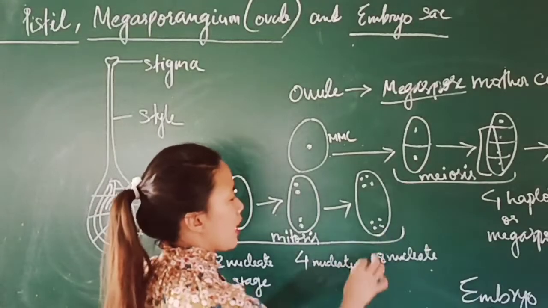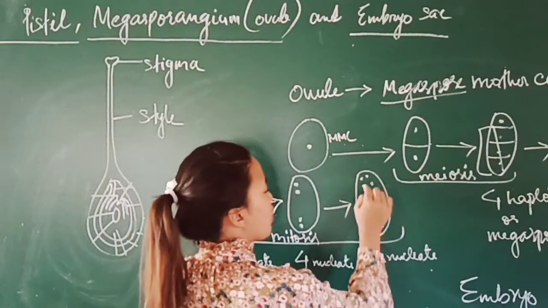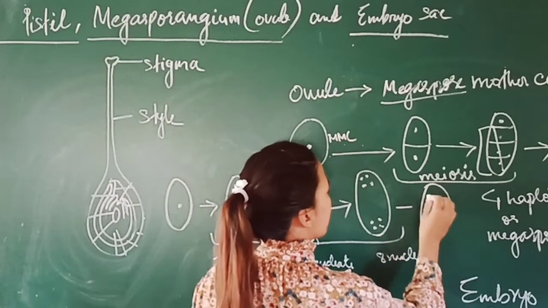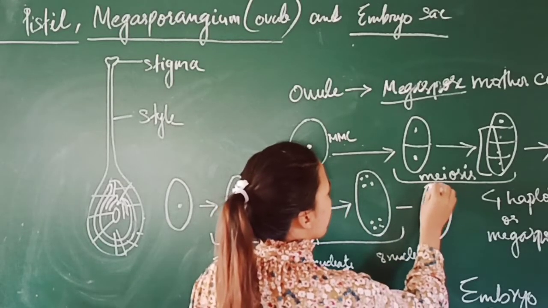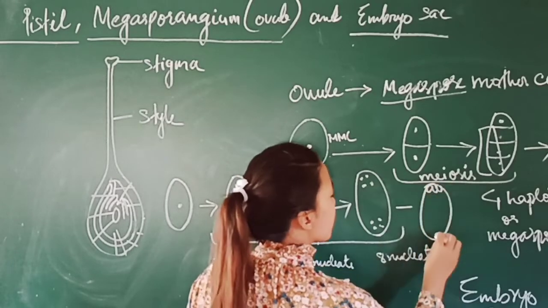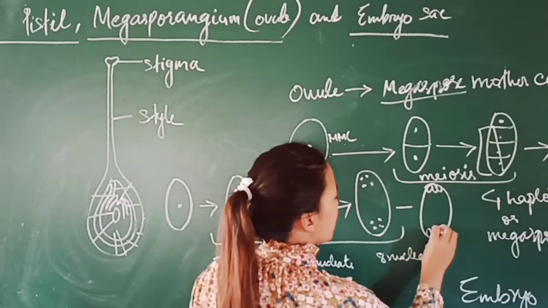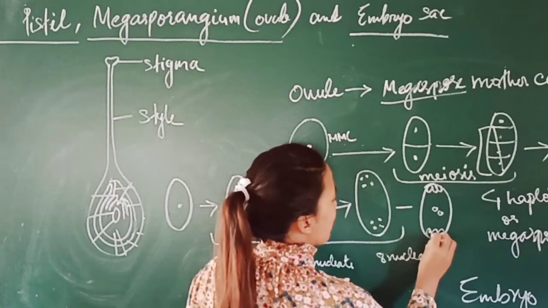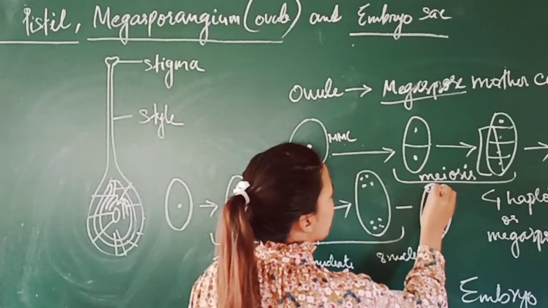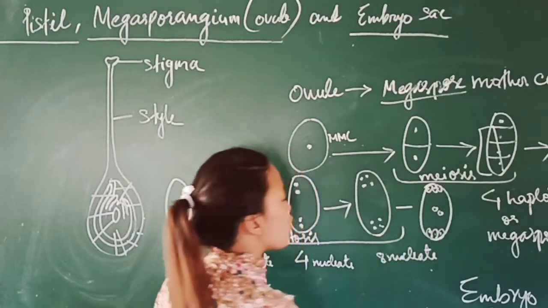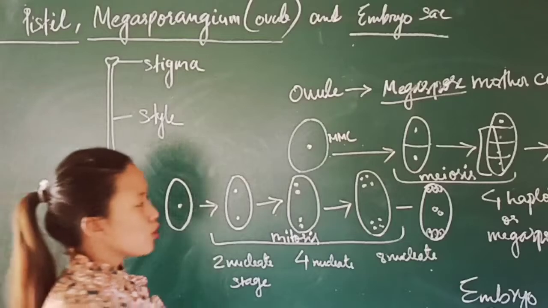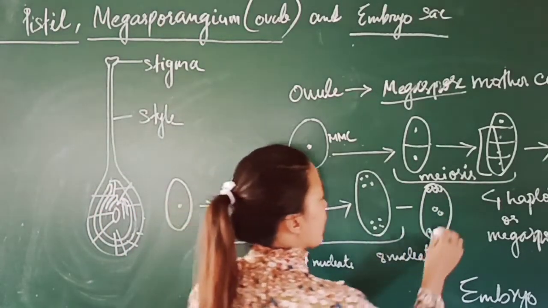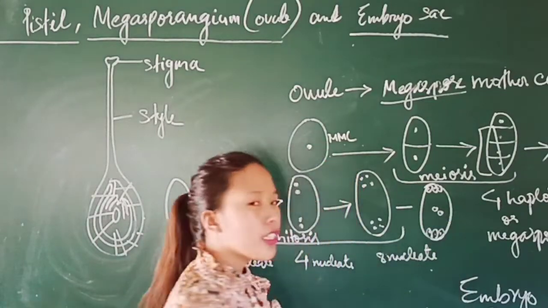Out of these 4, one from here and one from there are sent towards the central region, so we are left with 3 nuclei at each end. Once these 2 are sent towards the center, cell walls form. These 2 nuclei at the center are called polar nuclei.